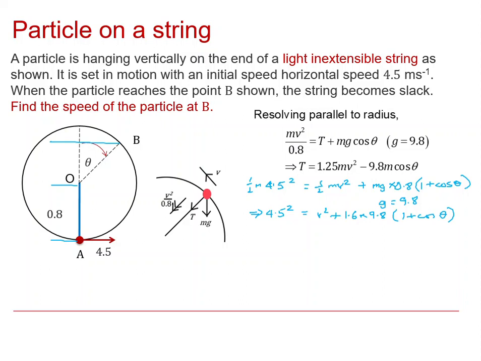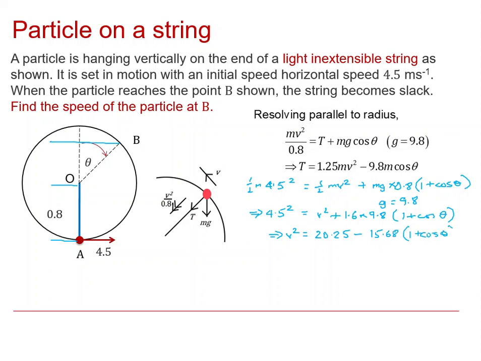So the 1.6 times 9.8 gives us 15.68. So if we make v squared the subject here, we get v squared equals the 4.5 squared, which is 20.25, and then minus the 1.6 times 9.8, which is 15.68, times (1 plus cos theta).